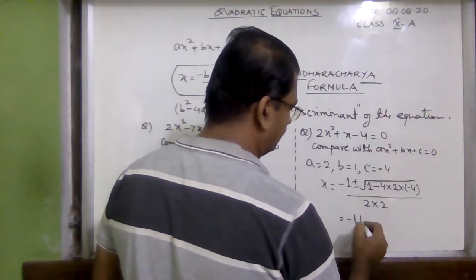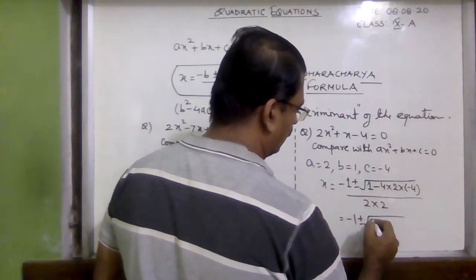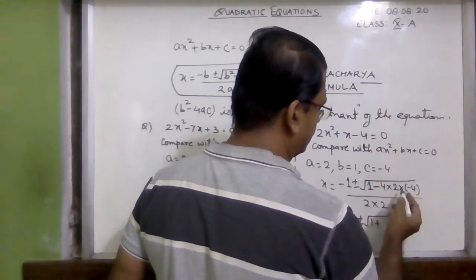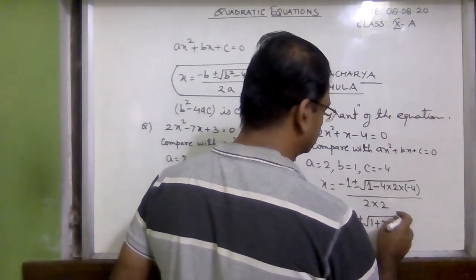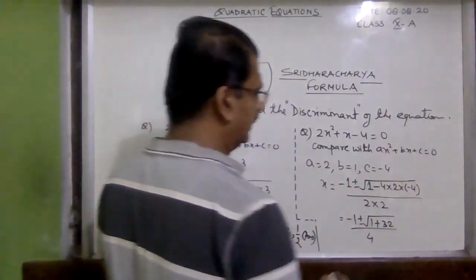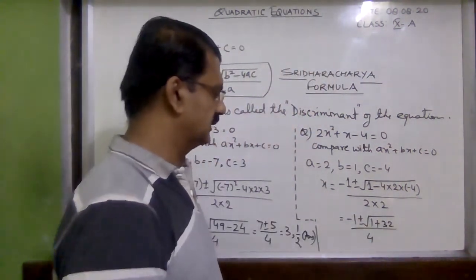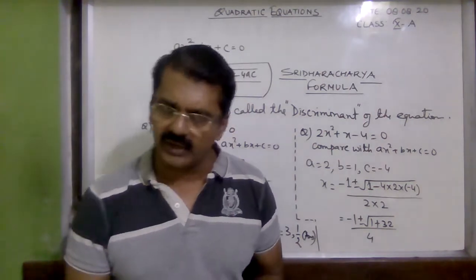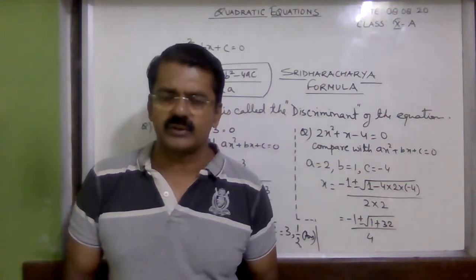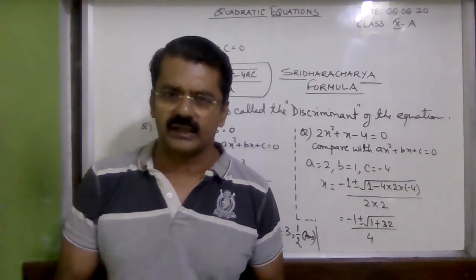So −1 plus minus under root 1. Now minus into minus becomes plus, 4 into 8 is 32, upon 4. Now you see 1 plus 32 will be 33. Now under root 33 is not a perfect square number, so we cannot find the value of root 33.